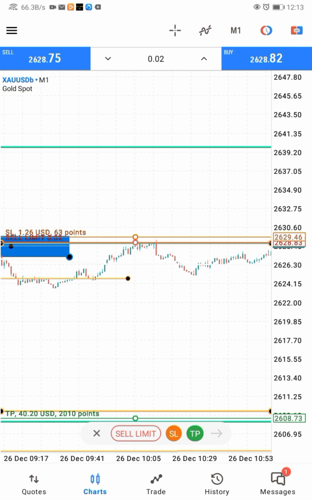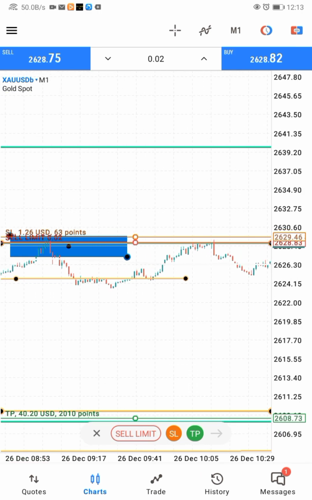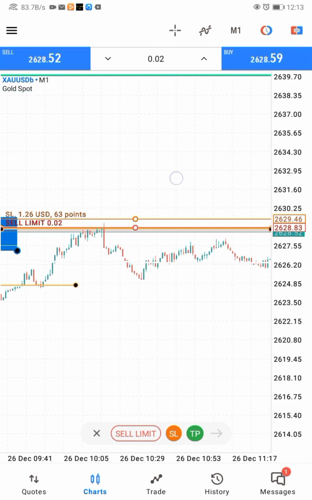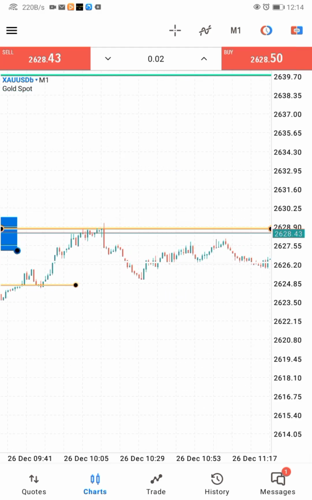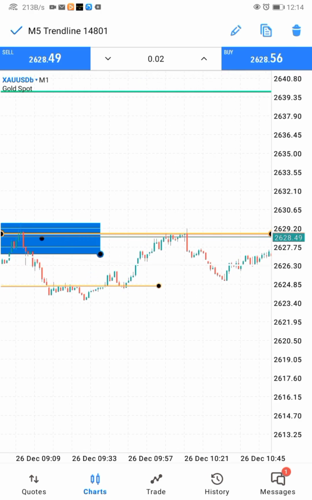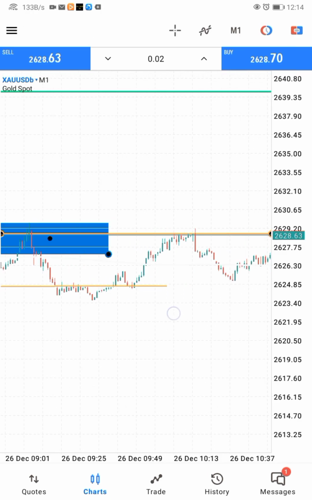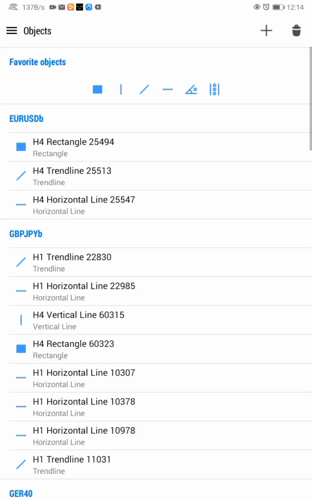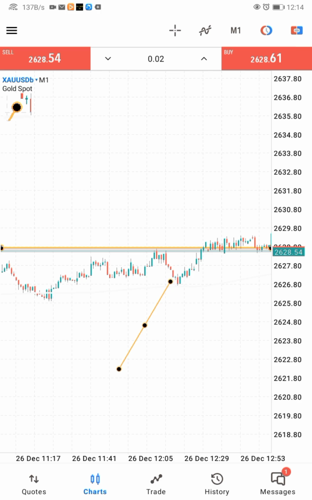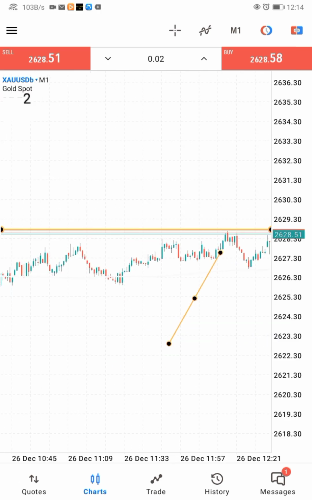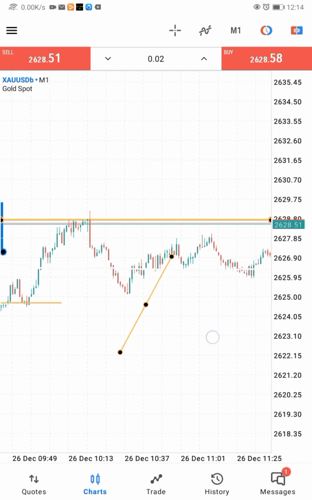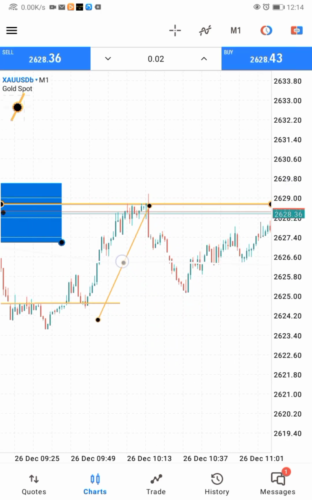But what happened is the market tapped into that zone right here, and it pulls back down.